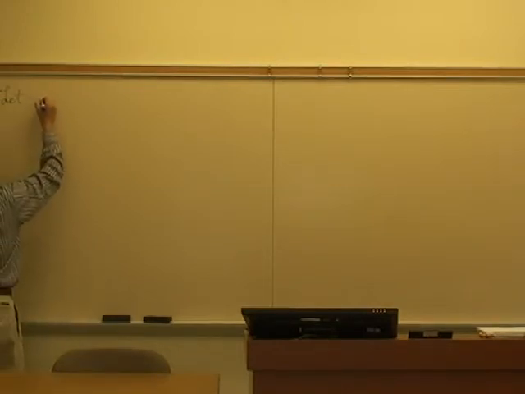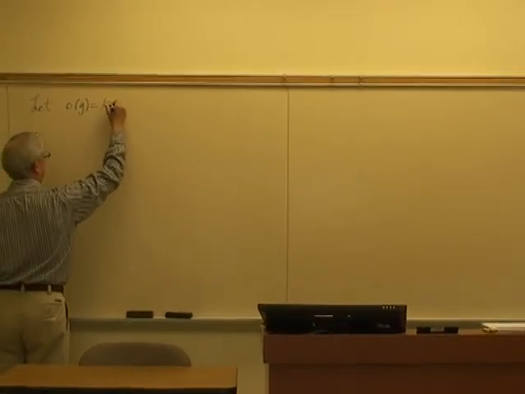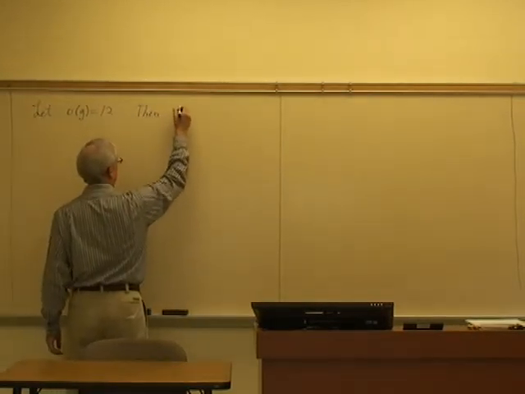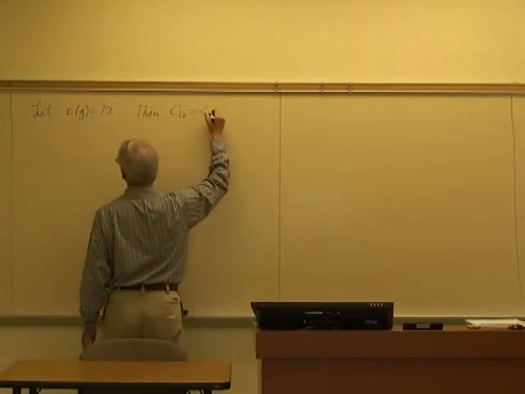So suppose I'm in some group and the order of g is 12. Make it specific. Then I'm going to label this thing C12, the group generated by g.